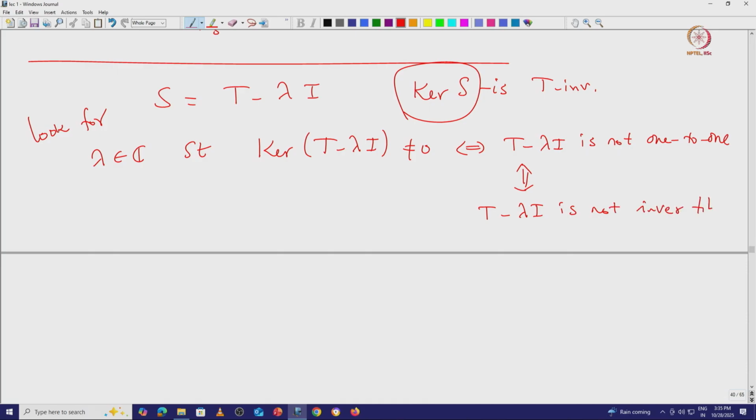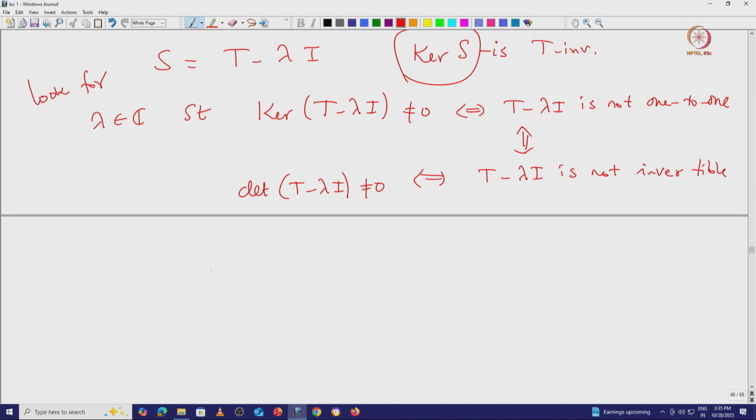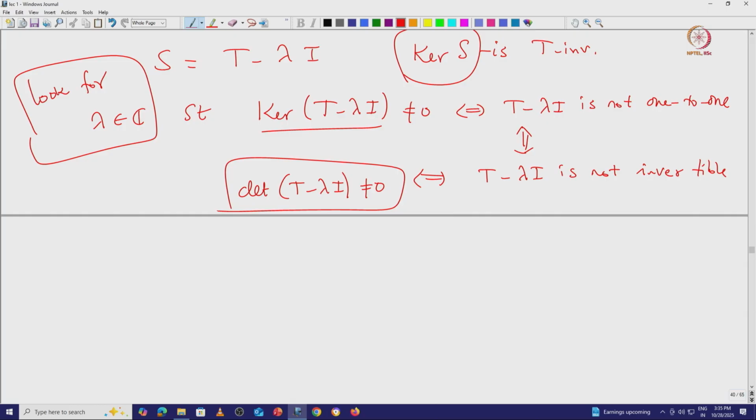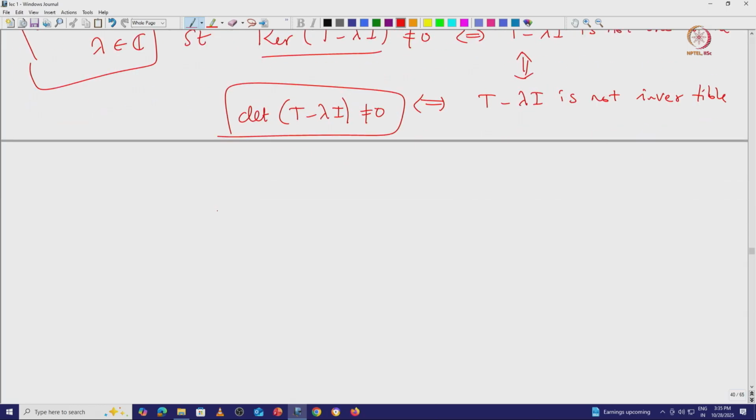In terms of the determinant, which can be computed easily, this says that the determinant of T minus lambda I is 0. So, we are looking for lambda such that this T invariant space is non-zero, and that amounts to the determinant of T minus lambda I being 0.